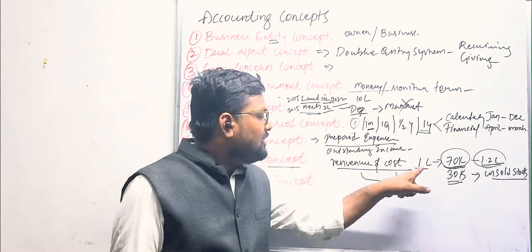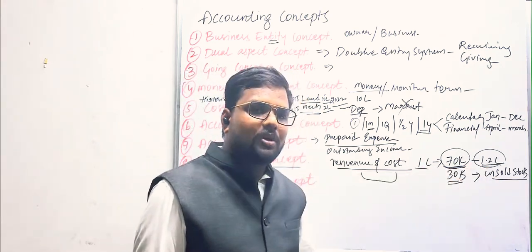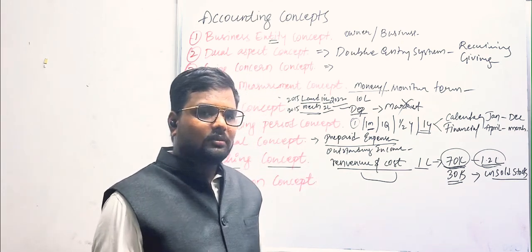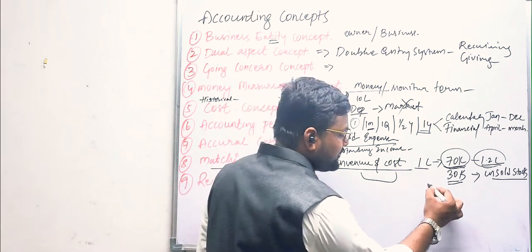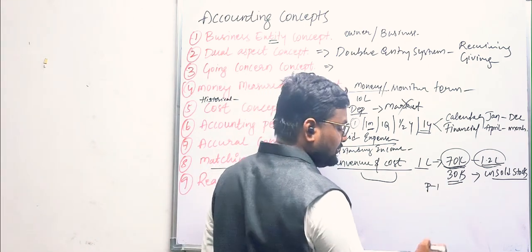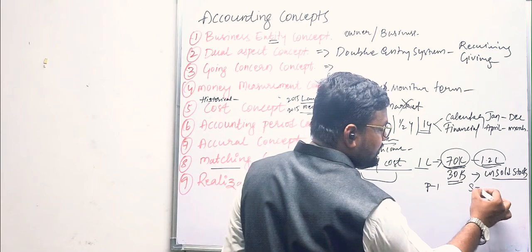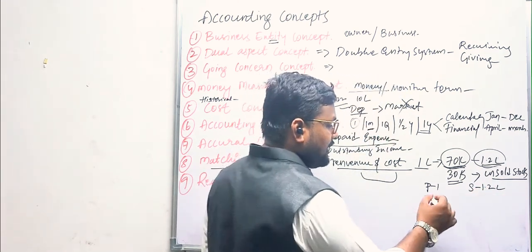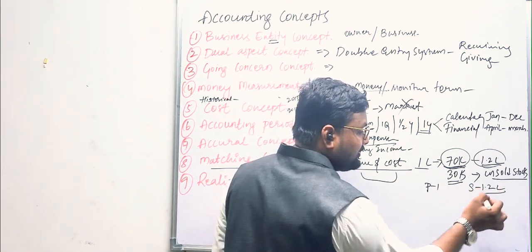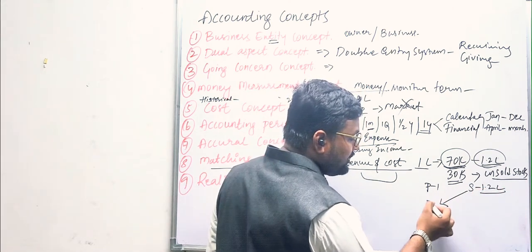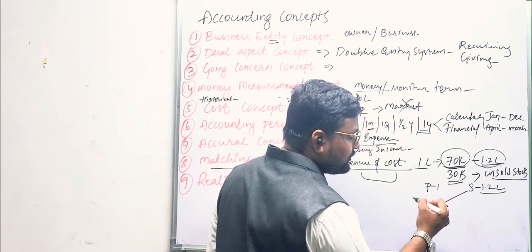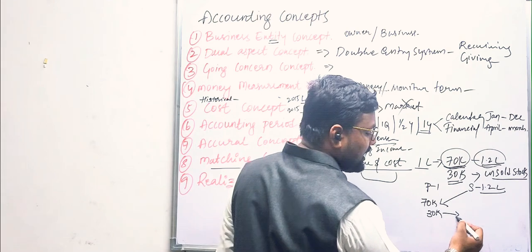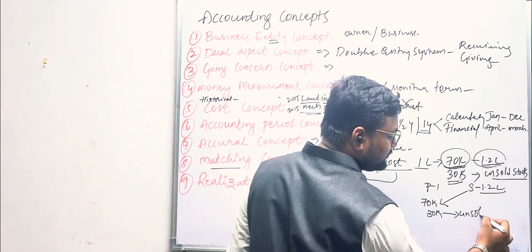If you subtract purchases of 1 lakh from sales of 1.2 lakhs, then your profit will be only 20,000. That's wrong. Your purchases are 1 lakh, your sales are 1.2 lakh, but you only sold goods worth 70,000 and the remaining 30,000 is your unsold stock.